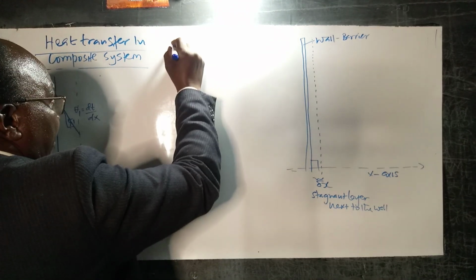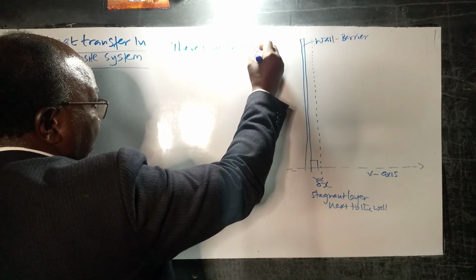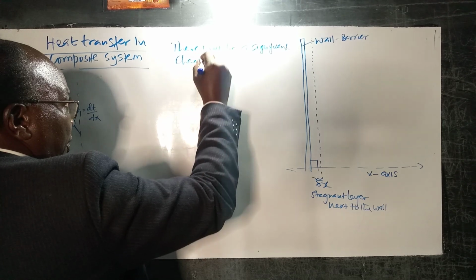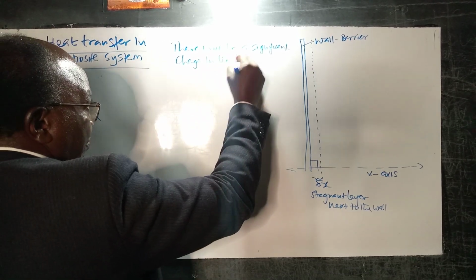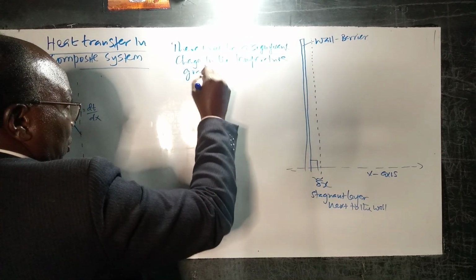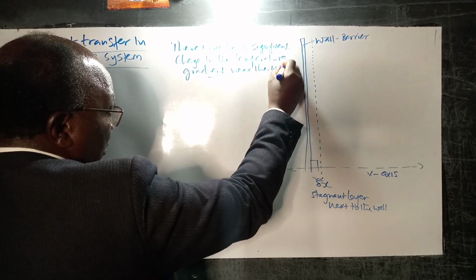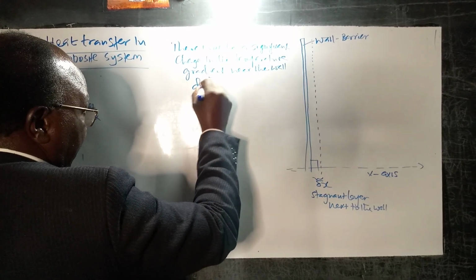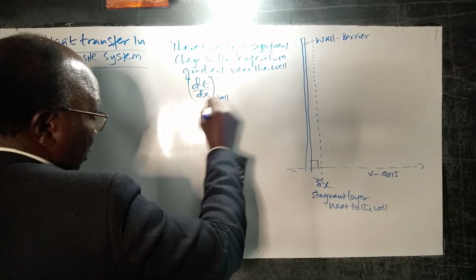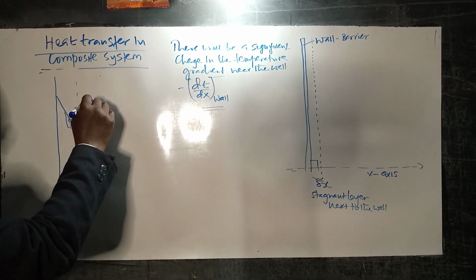So let's just note that there will be a significant change in the temperature gradient near the wall. What are we talking about? That is dT over dx. Let's call that at the wall, W, will be significant. So let's mark that W.